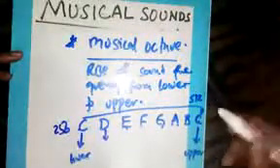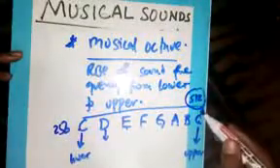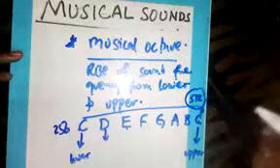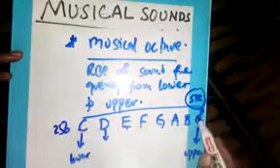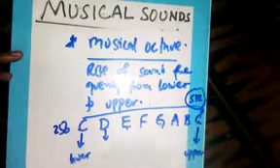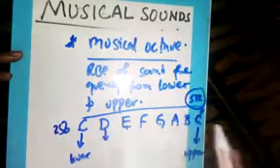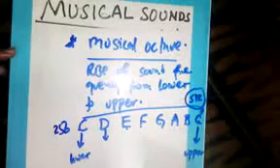What is the upper one? The one which is multiple, 512, not F, not G. Therefore, from C to C dash, from do to do is one octave.